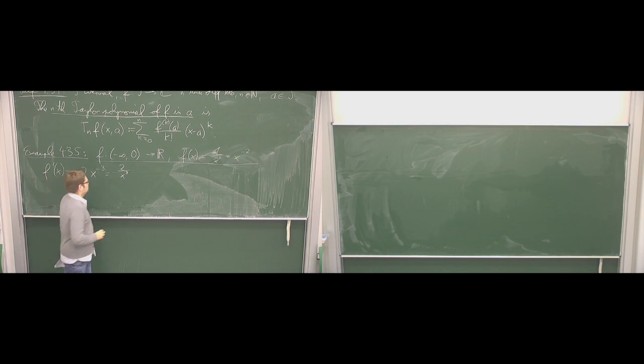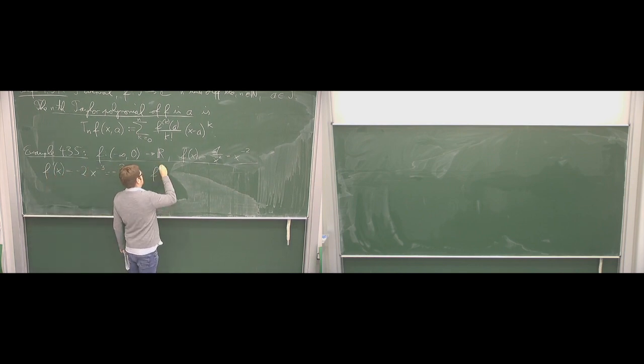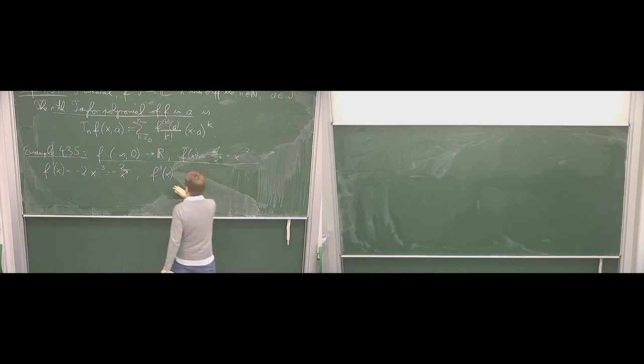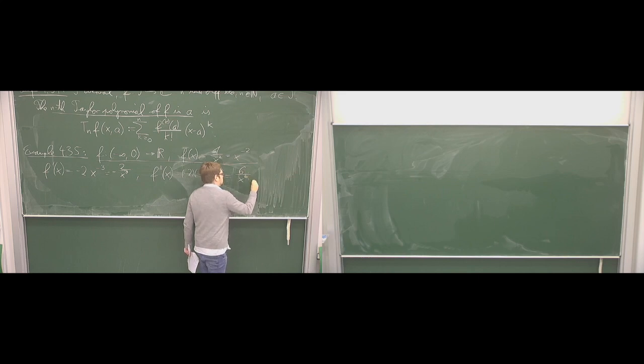Again, this is differentiable, and the second derivative means we have minus 2 times, and if we derive x to the minus 3, we get a minus 3 in front, times x to the minus 4, which is 6 over x to the 4. Okay, and so on and so on.